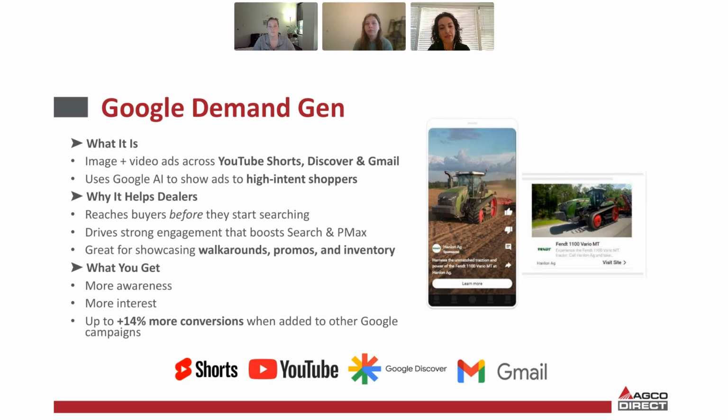That's Google Discover, and then your Gmail. It's called Demand Gen because it helps reach buyers before they start searching. It uses AI, like customer intent, and drives strong engagement that boosts search and Performance Max as well. So it works in tandem with those tactics, but it's more of an awareness and demand generator.